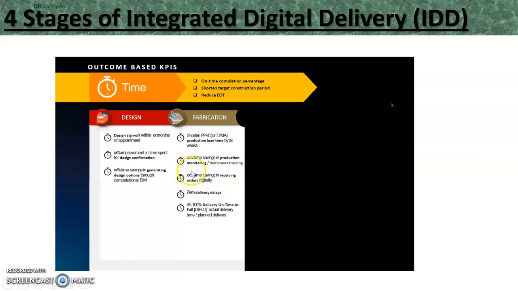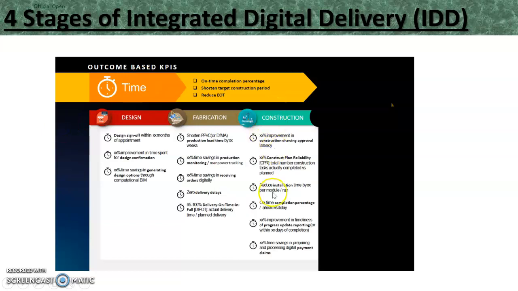They want to have a certain percentage of saving in the time when they are receiving orders digitally. They want to have zero delivery delays. They want to have a range of 95 to 100% delivery on time in full. So that is what the fabrication team can aspire to do in order to meet this particular key KPI.